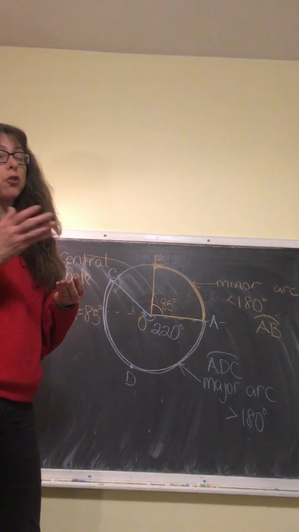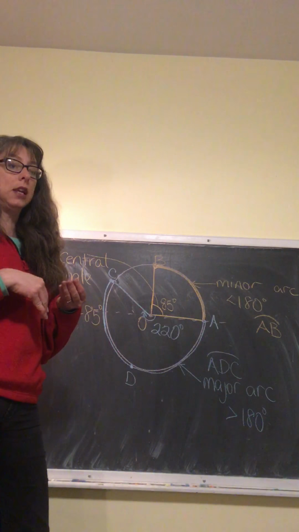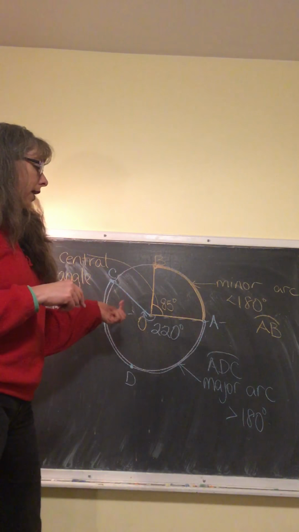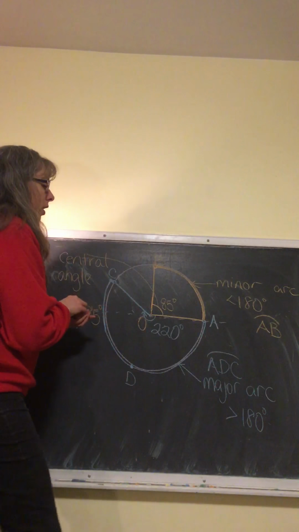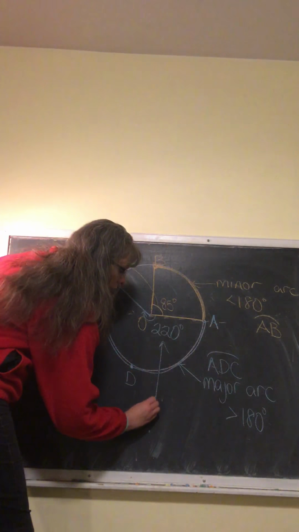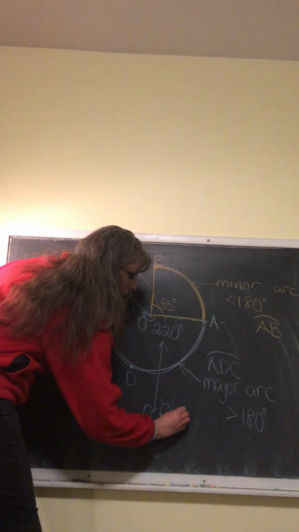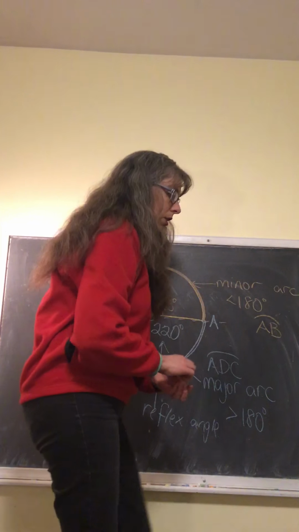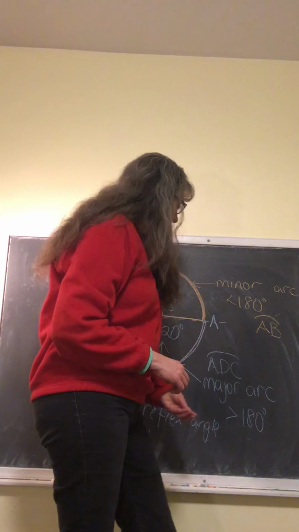Obtuse angles are greater than 90 degrees but less than 180 degrees. Straight angles are 180 degrees, and now a reflex angle is greater than 180 degrees. All right.